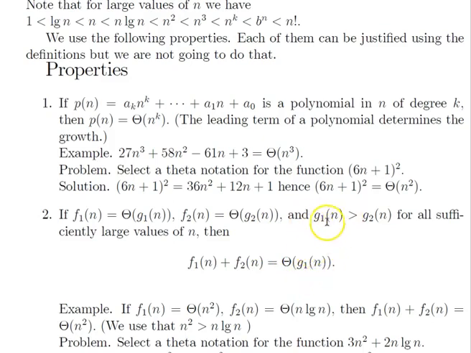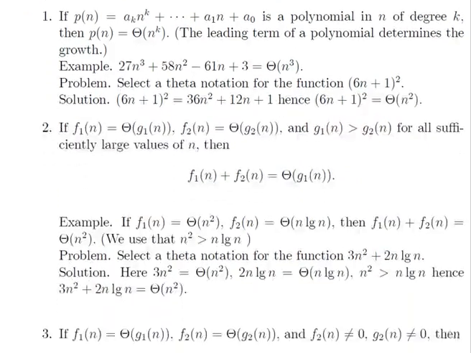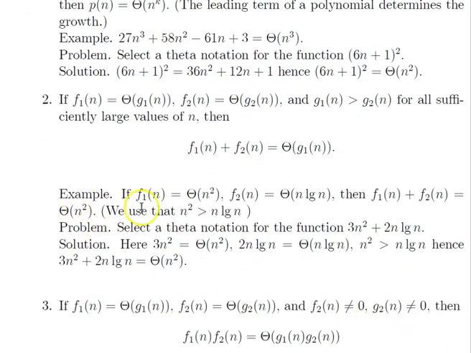That is, the largest growth dominates the sum. For example, if f1 is theta of n squared and f2 is theta of n logarithm of n, then f1 plus f2 will be theta of n squared because n squared grows faster than n logarithm of n.